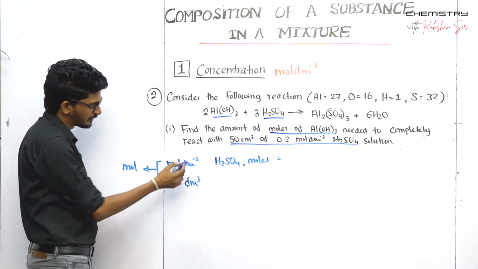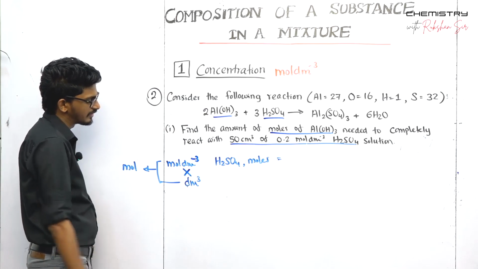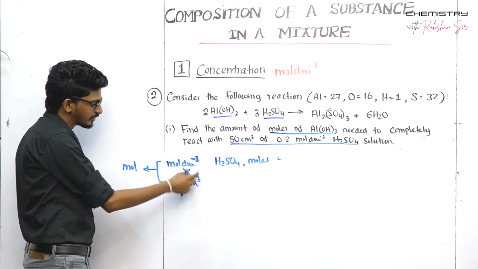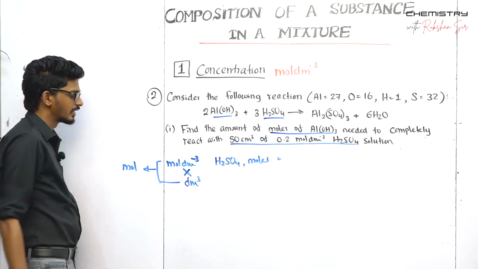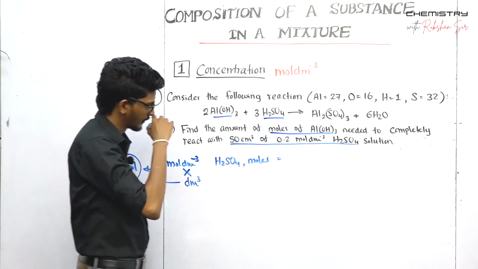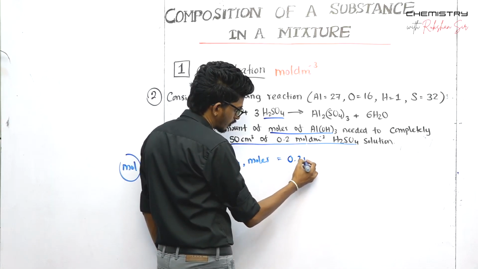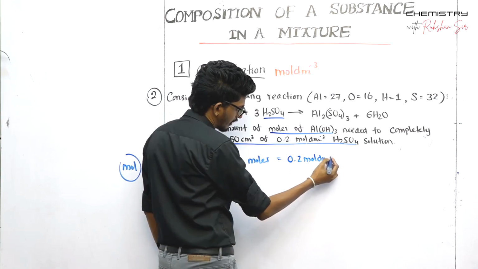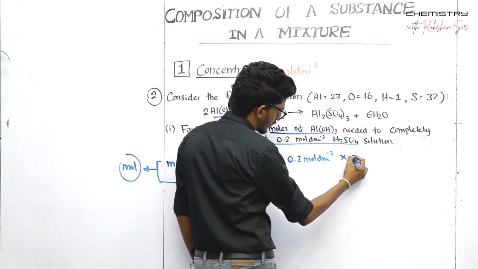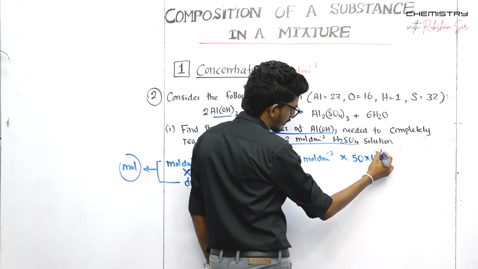As this is a minus 3, we need to multiply these. If you multiply this with this, the dm^-3 and the dm^3 will cancel off. That is what we are supposed to do to come up with the mole value of the H2SO4. So let's multiply the 0.2, the mol dm^-3 value, with the dm^3 value. 50 cubic centimeters means 50 into 10 to the power minus 3 dm^3.